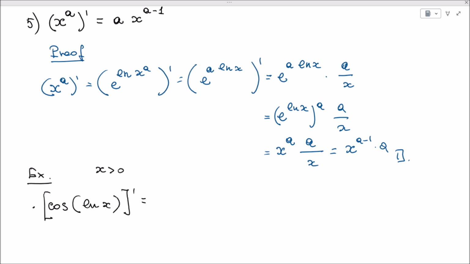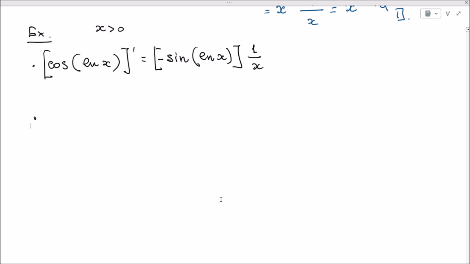Because the derivative of the cosine is minus sine, we have minus sine evaluated at the logarithm of x. This is the first part. Then we need to multiply by the derivative of the argument, which is the derivative of the logarithm of x, which is simply 1 over x. So this is an example.